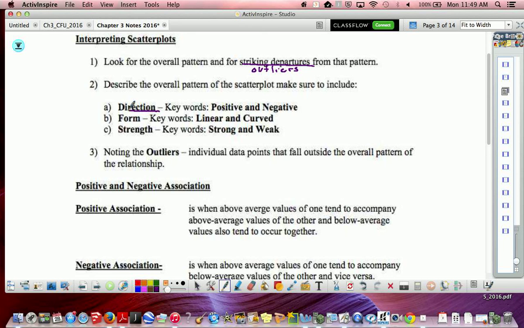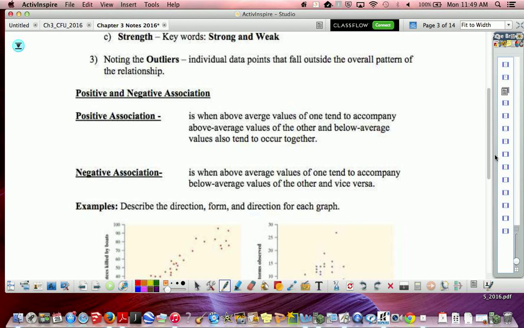Alright? So then, there's 3 things that we look for when describing the overall pattern. We'll talk about direction. The key words that we use with direction are positive or negative. So on this previous one that we were doing, when we talk about direction, positive or negative, we start talking about association.